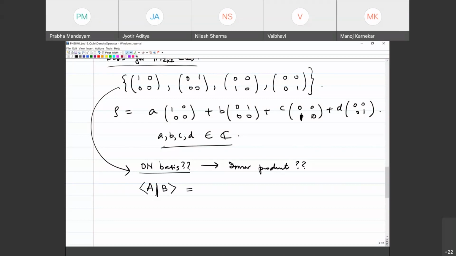The trace. Correct. Trace of what? The product of A and B dagger. You always take the complex conjugate or the adjoint of the one on the left. That's what physicists do, mathematicians do it the other way. But this is an inner product.